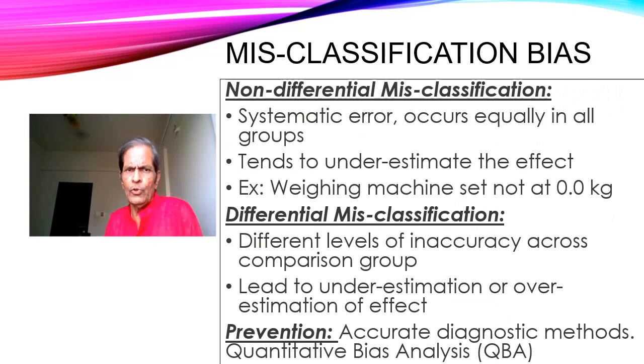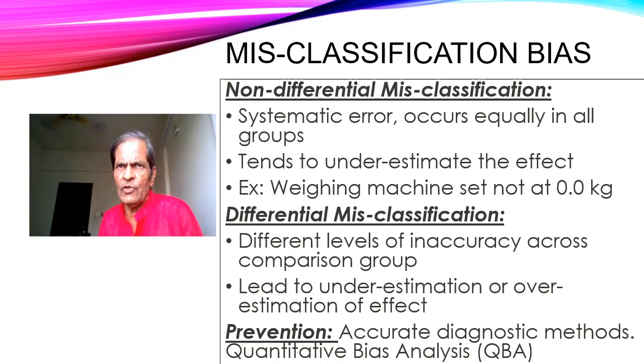There are two types of misclassification. One is the non-differential misclassification and the second one is the differential misclassification. Non-differential misclassification is a systematic error that occurs equally in all groups. So this error is occurring equally, in equal quantum, in equal quality in all the groups.